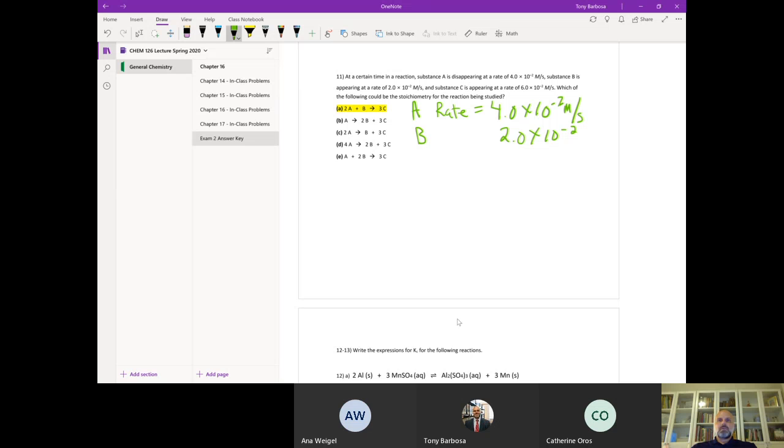So the question was at 448 degrees Celsius, the equilibrium constant Kc for the reaction of hydrogen plus iodine going to 2HI as a gas is 50.5. Predict in which direction the reaction proceeds to reach the equilibrium if we start with 2.0 times 10 to the minus 2 moles of HI, 1.0 times 10 to the minus 2 moles of H2, and 3.0 times 10 to the minus 2 moles of I2 in a 2-liter container. And it says, first determine the starting concentration of each species.